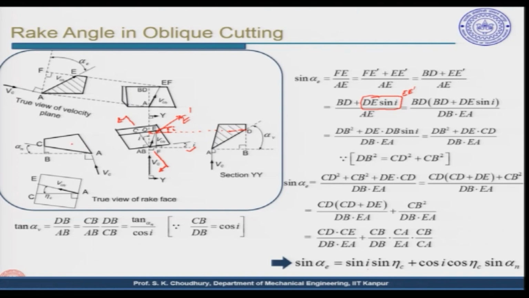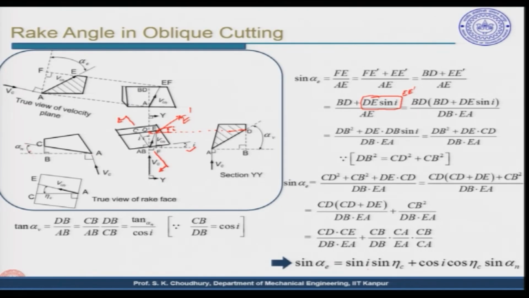Since here it is a view, it is not hatched. In this section, the angle between the rake face and a line perpendicular to the cutting velocity vector is considered to be alpha n, the normal rake angle.